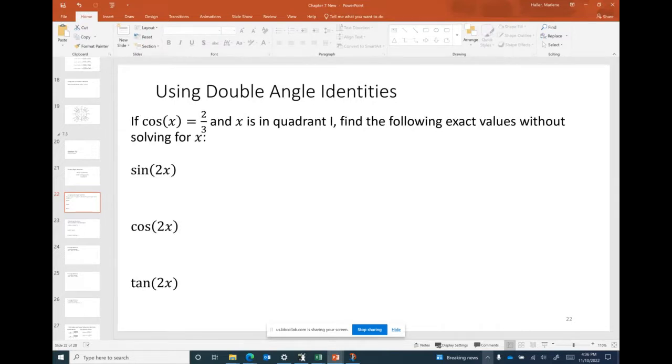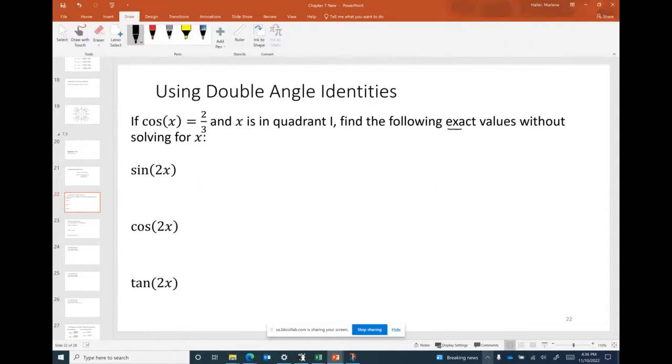With this example, we're going to find the exact value of the sine, cosine, and tangent of 2 times an angle without actually solving for the angle itself. Since we're looking for an exact value, the calculator is probably not going to be that helpful to us.